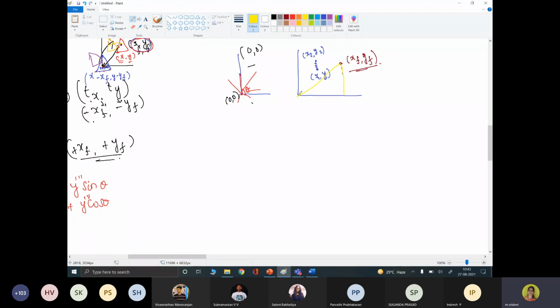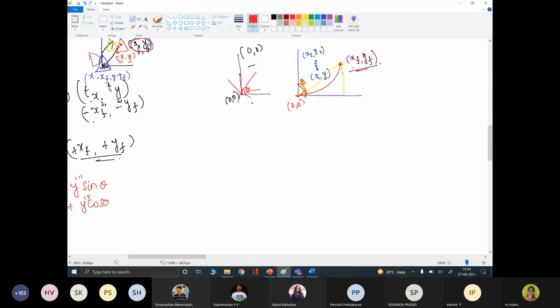If it is with respect to the origin, you can directly apply theta and do it. But this is not the case. We need to perform rotation with respect to this point with an angle of some theta degrees. So we fix this point at the origin so that you can rotate with respect to this theta.